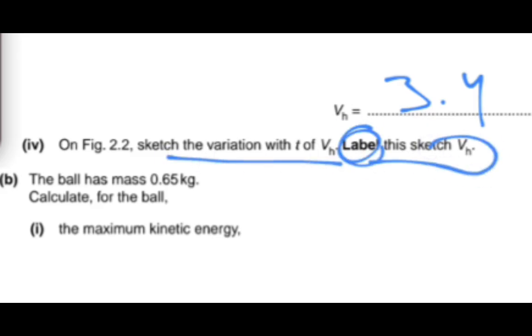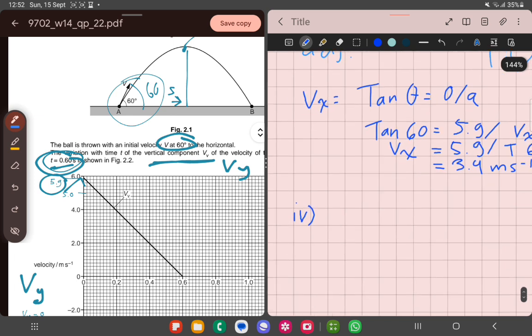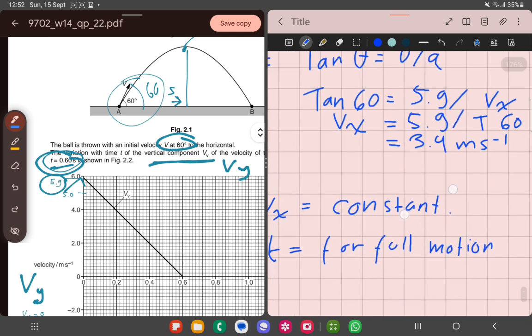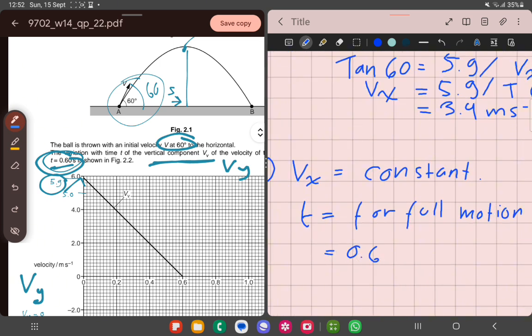Lastly, we need to sketch the VH graph into the graph provided. We know that Vx is constant and t is for the full projectile motion, which we have known is 0.6 times 2, which is 1.2.